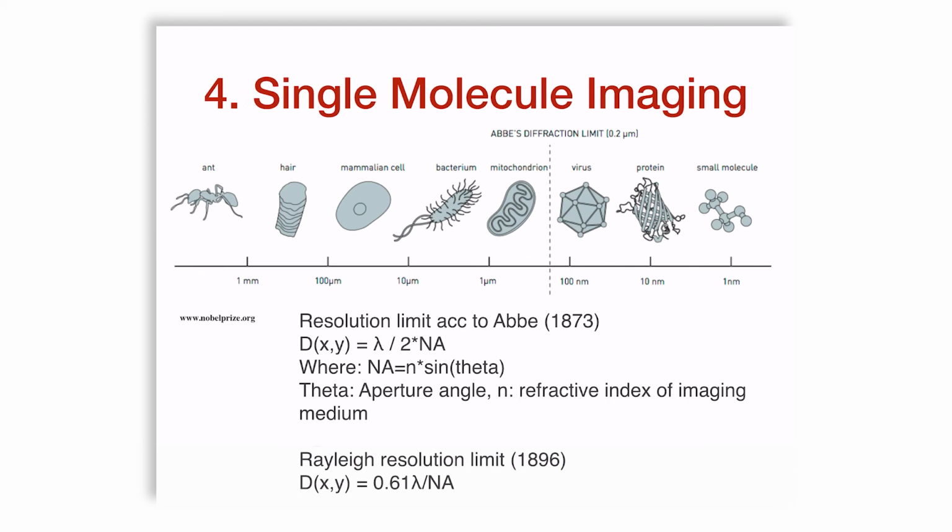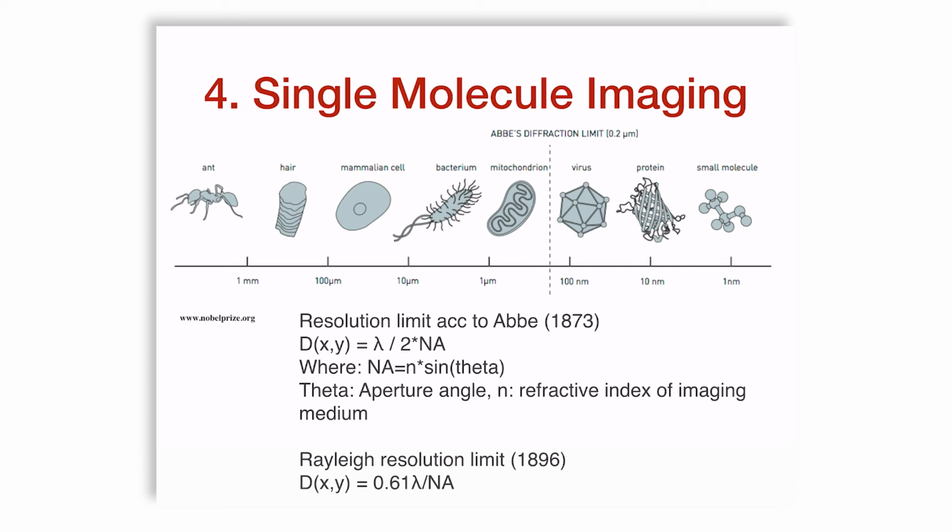Abbe's diffraction limit is a number that was arrived at through physical derivation by Ernst Abbe in 1873, and it states that the distance in xy between two molecules, two point sources of light, that can be successfully resolved is equal to lambda by 2 times NA, where lambda is the wavelength and NA is the numerical aperture of the microscopic setup.